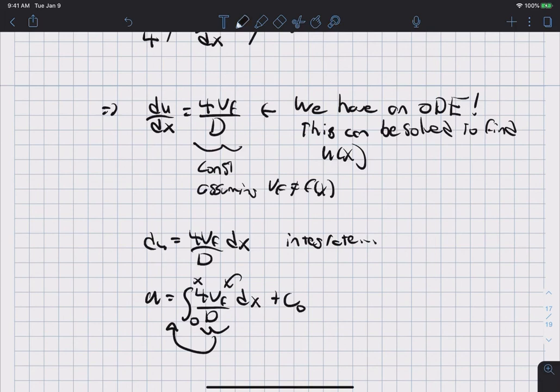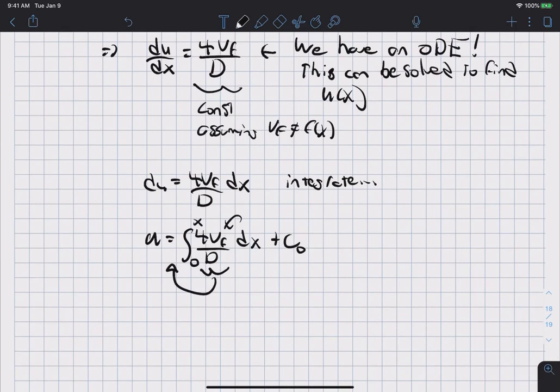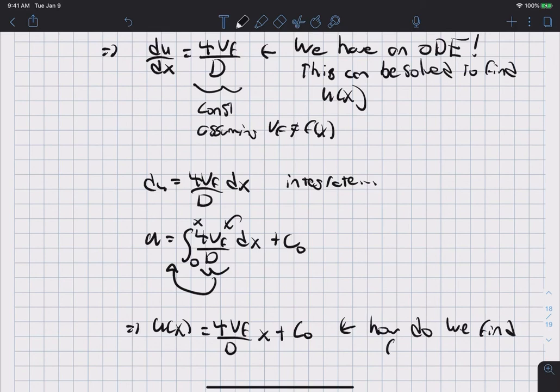Okay, and so we do this integration, and this implies that u of x equals 4 vf over d times x plus the integration constant. So how do we find the integration constant?